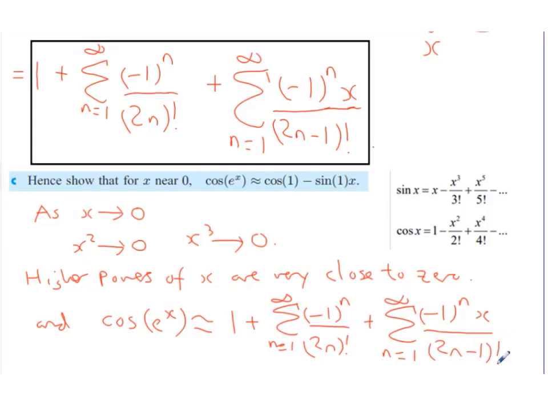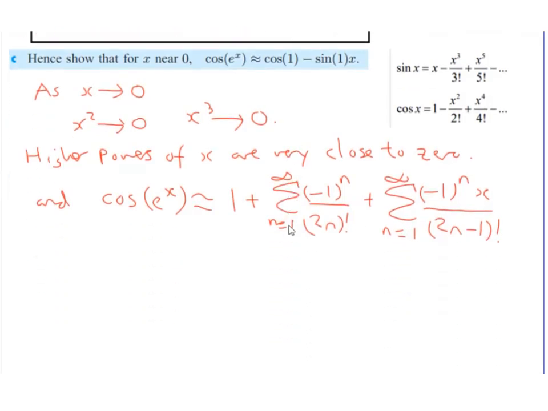So we're saying that for very low x's, this approximation will be very good. Now for the next bit, we're actually going to use the Maclaurin series of cosine x and sine x, so that's why I put them up here, just for good reference.